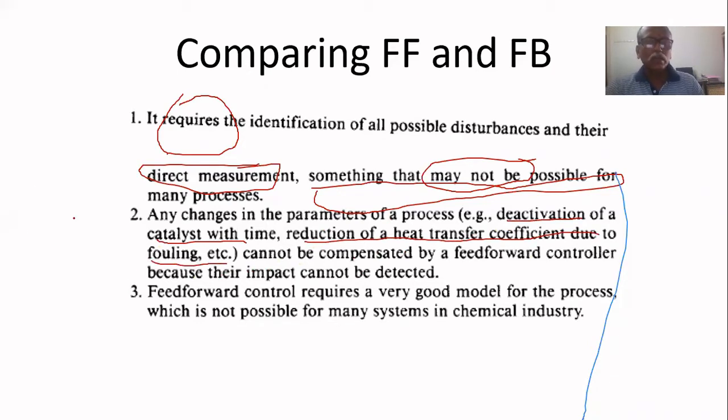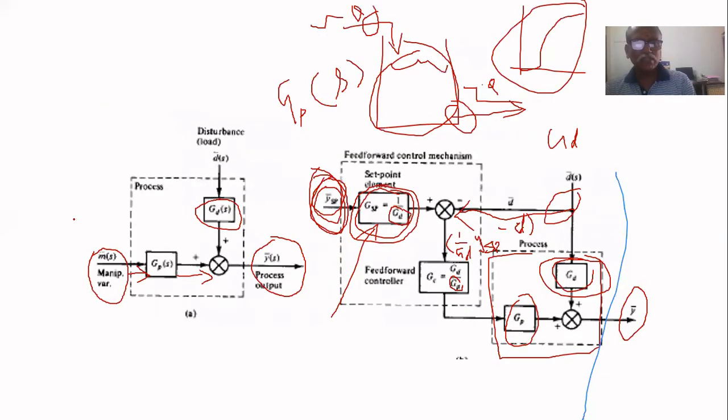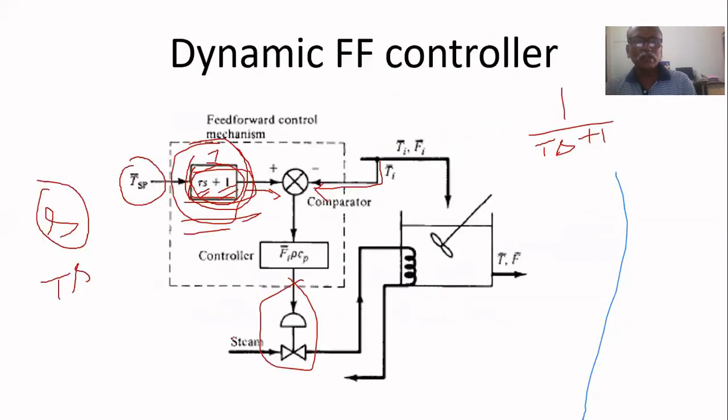If process parameters change, consider this example: here CP is a process parameter, and rho is a process parameter. Fi is actually not a process parameter; we are assuming that Fi is kept constant while designing. Suppose this varies, the controller fails, because definitely this is multiplied by this.